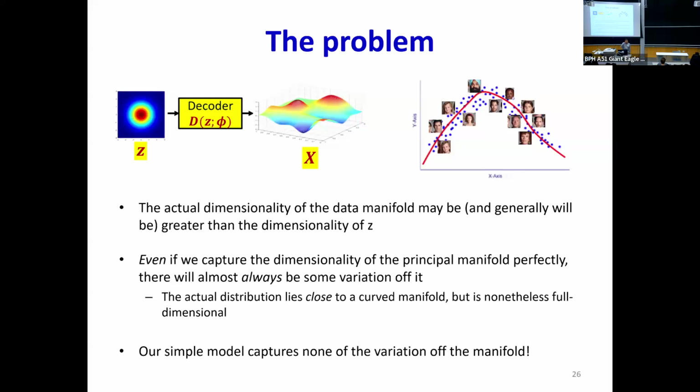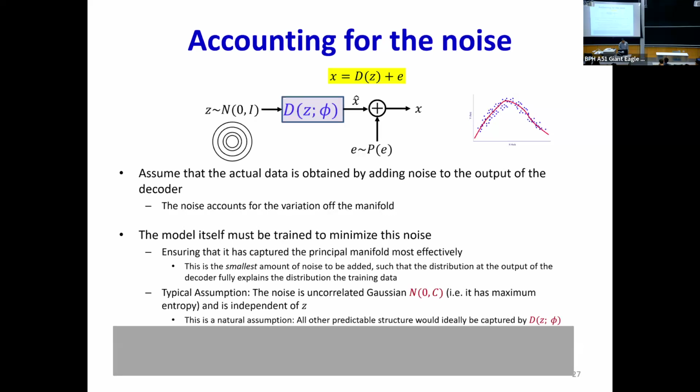Real data don't lie exactly on this manifold. They're going to lie close to it, which means that in both cases, even when we get the dimensionality of the manifold right, there is variation off the manifold which our model is unable to generate. When you get the dimensionality wrong, obviously there's going to be variation off the manifold which your model does not capture. So how do we deal with this?